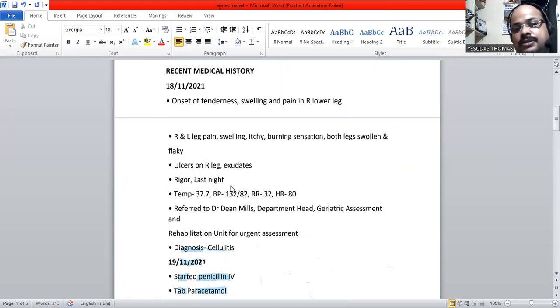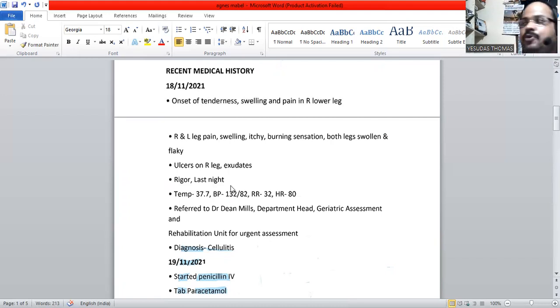She has onset of tenderness, swelling, and pain in the right lower leg. It became pain, swelling, itchy, burning sensation. You have noticed ulcers on the right leg with exudates and rigors since last night.